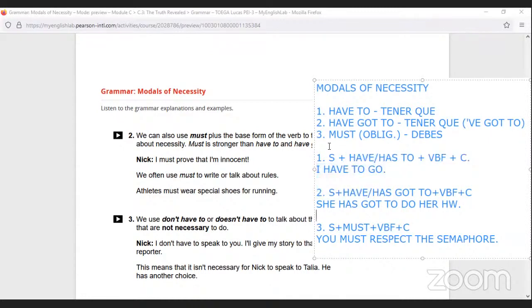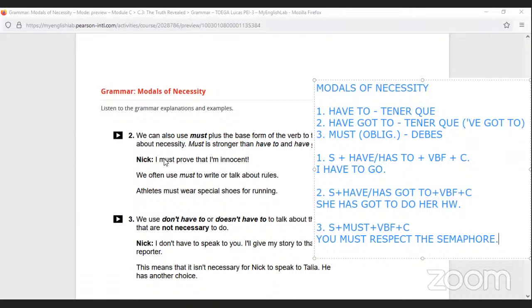For example, if you don't do some of these, you have a punishment, but the punishment is only for you or between your family and friends. But if you don't respect that, it's against the law. Maybe you can go to jail, for example. So this is strong. I have some examples here. I must prove that I'm innocent.